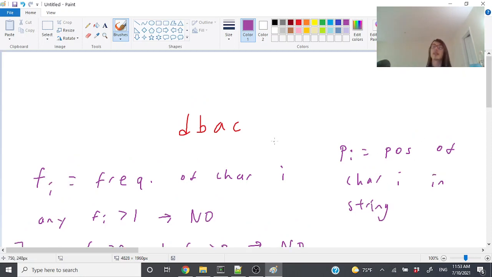Essentially, we start at A, and we say this is our current string. Then we look at the position of B. It's only possible if B is directly to the left of our current string, or directly to the right of it. In that case, we extend the string to include B. That is, we decrease the left by 1 or increase the right by 1, and then we continue.